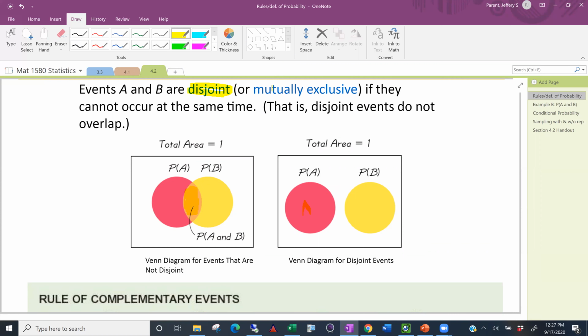If this happens, that can't. If you vote for a Democrat, you can't vote for a Republican for the same office. Certainly you can mix your ticket, but you've got one vote. It's heads or tails, not both. Male or female, not both. So there's a lot of things that are mutually exclusive. If one happens, the other one can't happen. Okay, thank you.